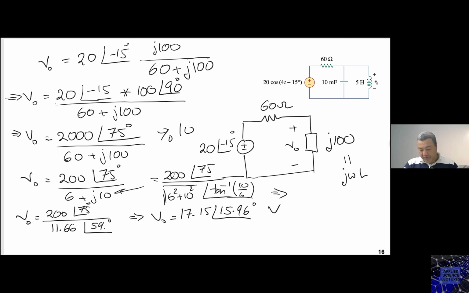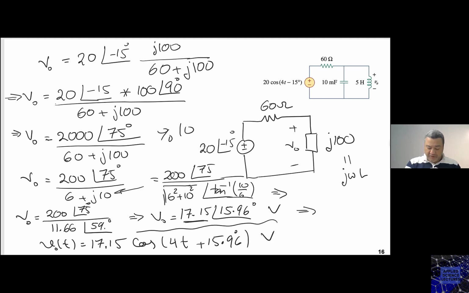Now, if I want to go to the time domain, I have omega equal to 4. So V naught of t equals 17.15, keeping the same sinusoid, cosine 4t, and then comes my phase angle plus 15.96 degrees volts. So this is my V naught of t as a time domain function.